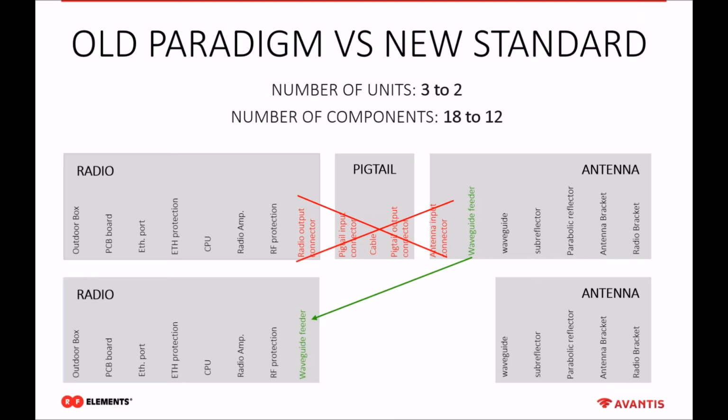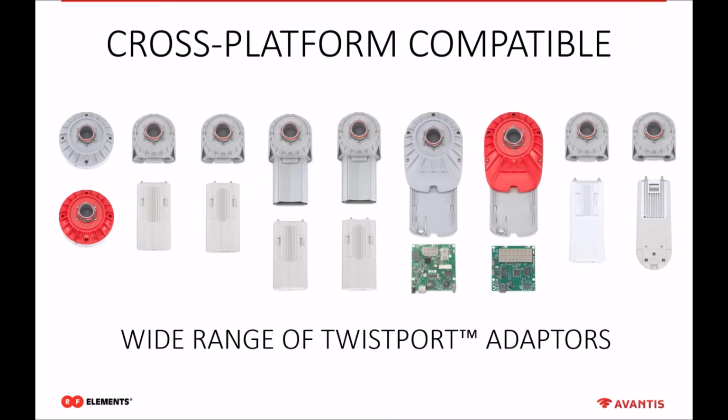So what can you connect to our antennas? Even if the twist port is our proprietary connector, it allows you to connect different kinds of radios or different kinds of platforms to any twist port enabled antenna.